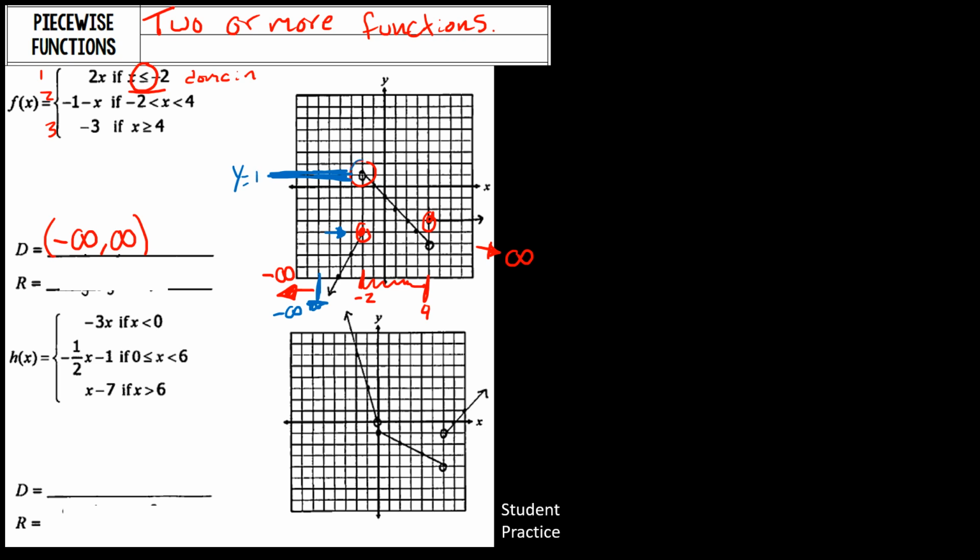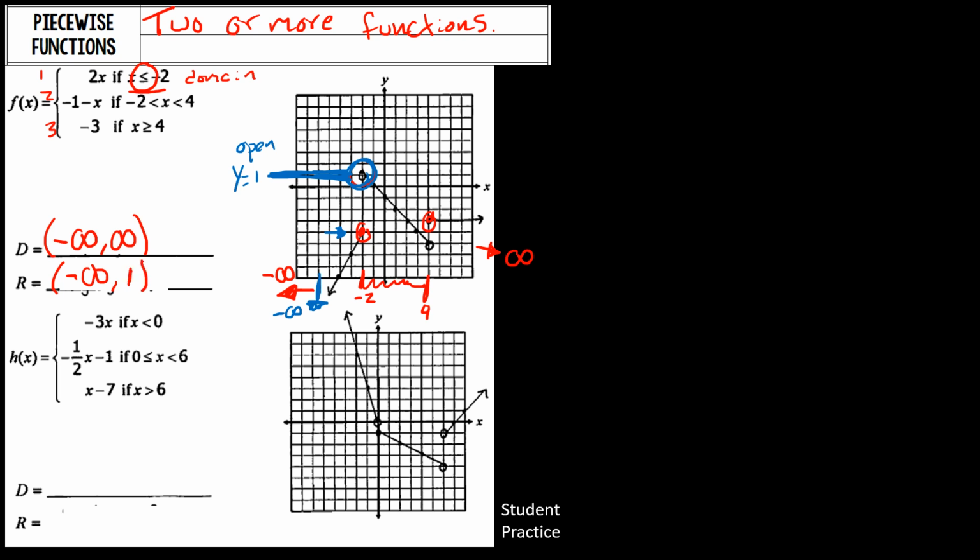But we have an open circle. So this being the case, the lowest the graph goes is -infinity. And the highest it goes is 1, parentheses.